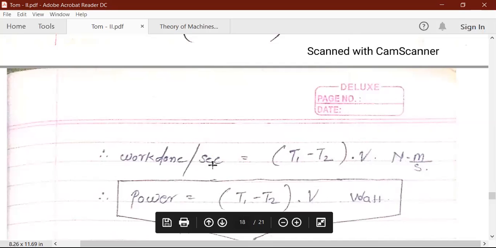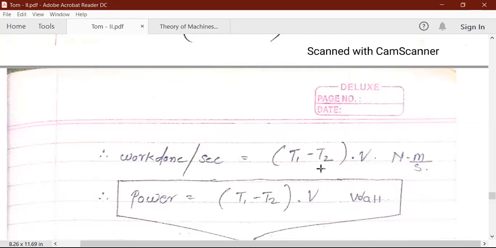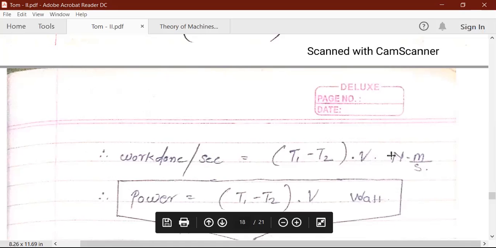So work done per second can be calculated as F into S, meaning F into V, where the force in Newton is T1 minus T2 and V is in meter per second. So T1 minus T2 into V is your work done per second, and this quantity, Newton meter per second, is also expressed as power in watts.